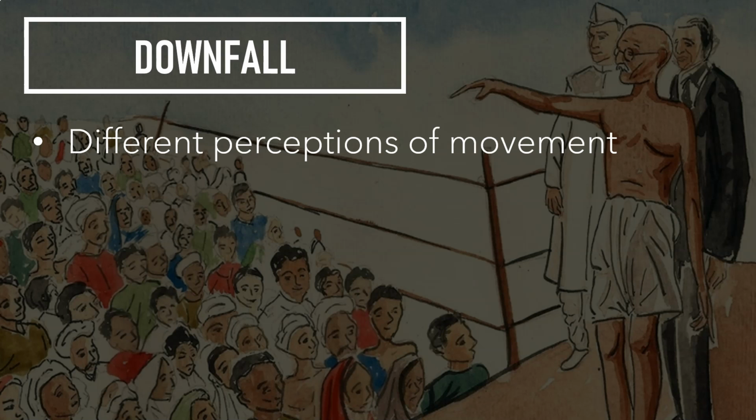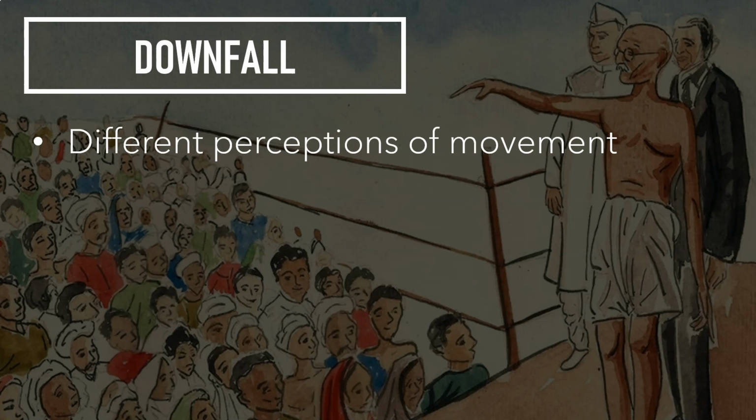So eventually it fizzled out, and it also started turning violent in places because the tribals, peasants, and plantation workers were violently revolting or creating uproar against the British government, which was completely against the ideology that Gandhi put forward, which is non-violence.